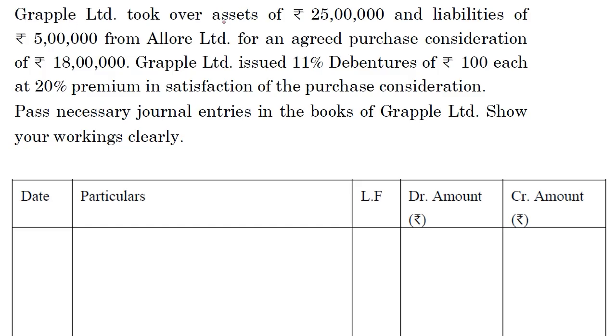Grapple Limited took over assets of 25 lakhs and liabilities of 5 lakhs from Allore Limited for an agreed purchase consideration of 18 lakhs. Grapple Limited issued 11% debentures of 100 each at a 20% premium in satisfaction of the purchase consideration.